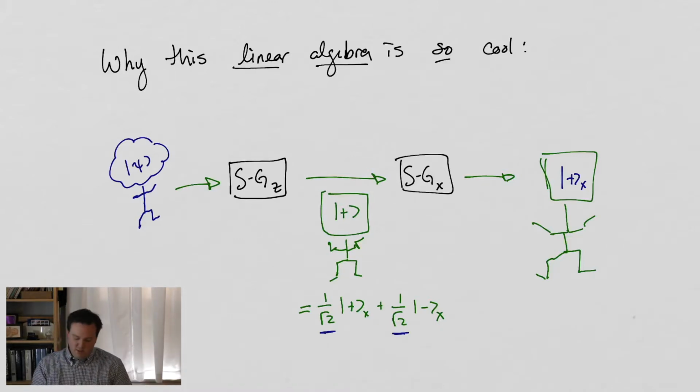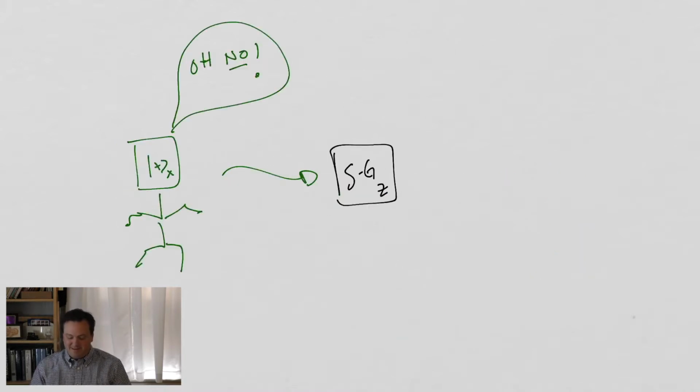Okay, and now you can see why this is going to get so cool. That plus x friend, that I measured to have a positive component of the angular momentum in the x direction, well, if that plus x friend is confronted with a Stern-Gerlach experiment in the z direction, remember, you learned this like 2 minutes ago, that the plus x state is a superposition of the plus state and the minus state.